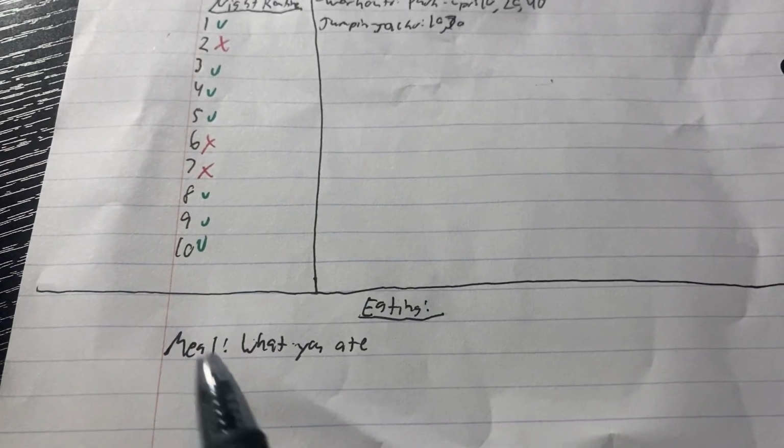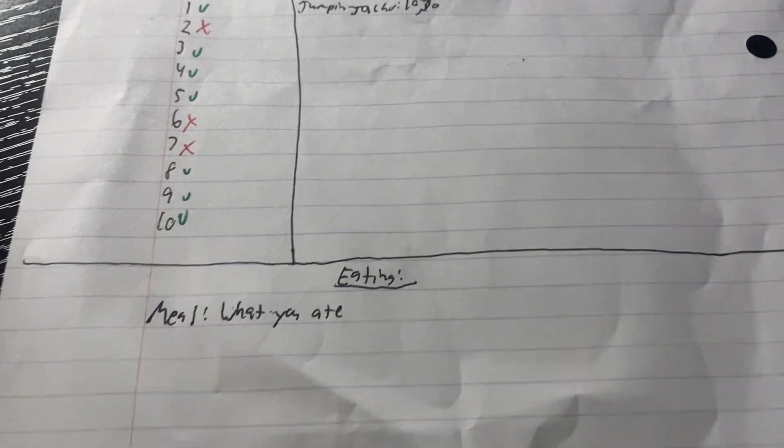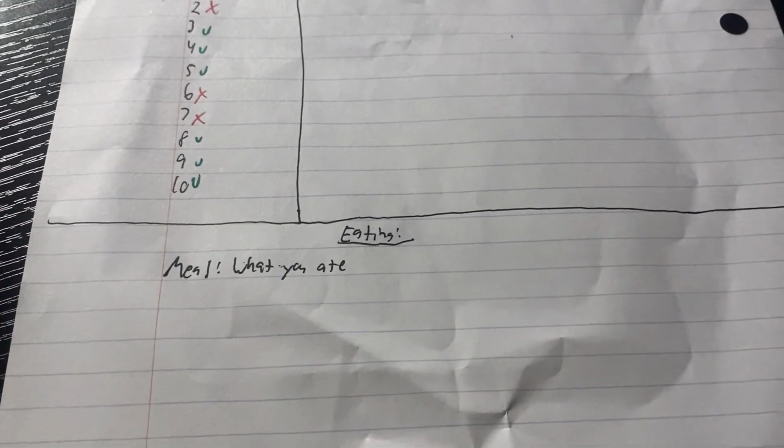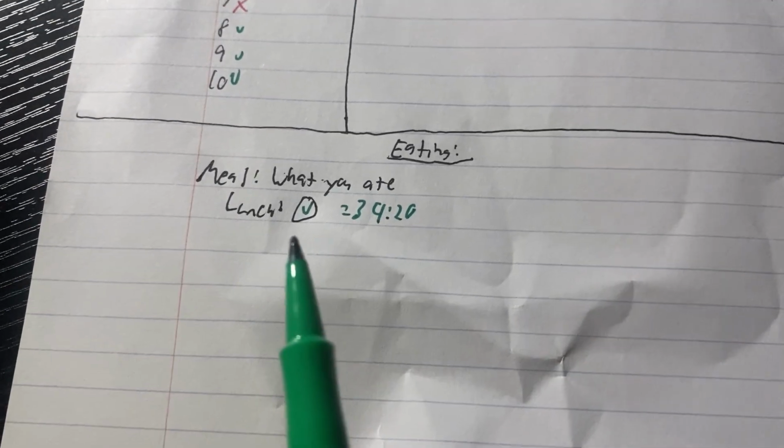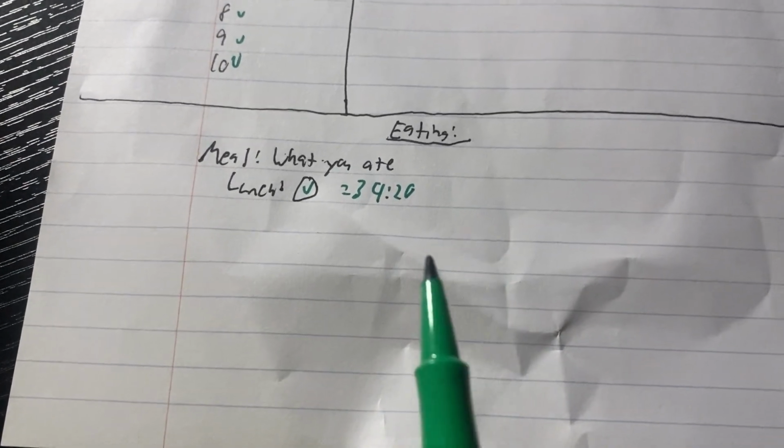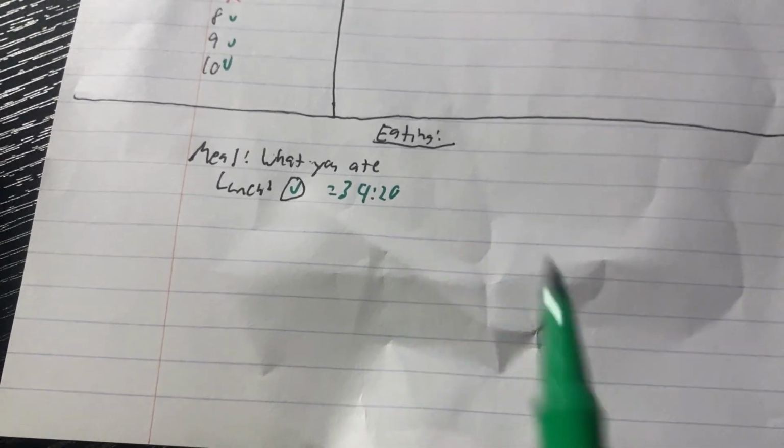And with eating, you can write the meal and the foods that you ate, or you could set a timer to see how long it takes you to eat your meal. Or if you want to keep it simple, like this isn't enough space, just make a Google Doc or online notes, have a daily food plan, and once you eat it, just cross it off. Let's say lunch, you finished your full meal plan in 34 minutes and 20 seconds.